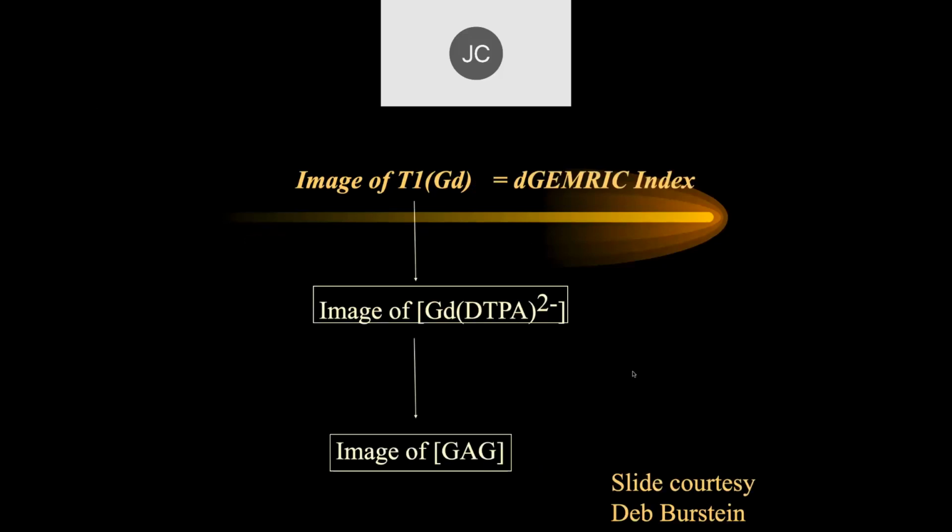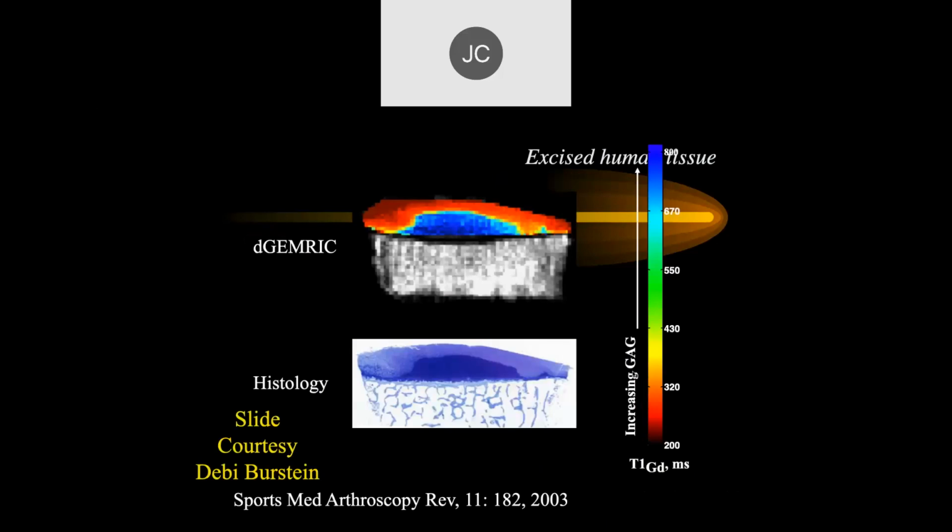So when we image this, this is just an example of some studies that she did, where you can see abnormal articular cartilage, and here's the dGEMRIC technique.